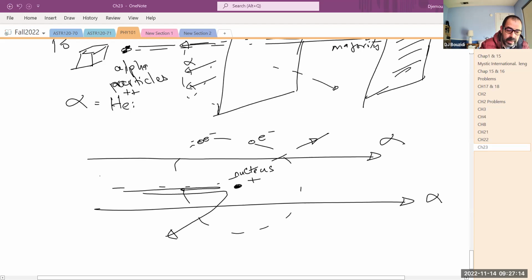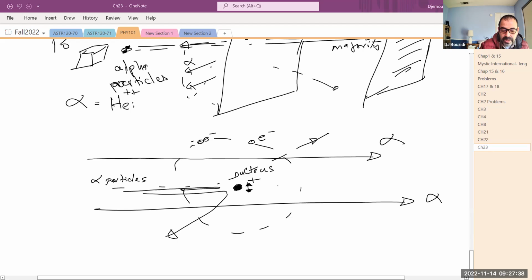Based on the size of the alpha particles and their charges, all he did was use a little bit of collision theory in this case to find the cross-section, to find the size of this nucleus, how big it is.